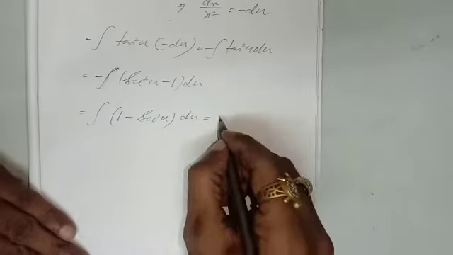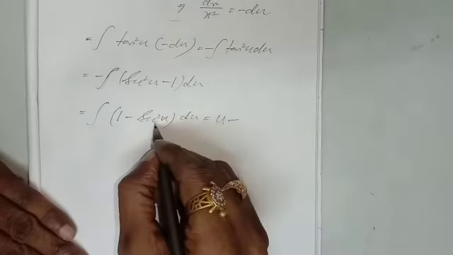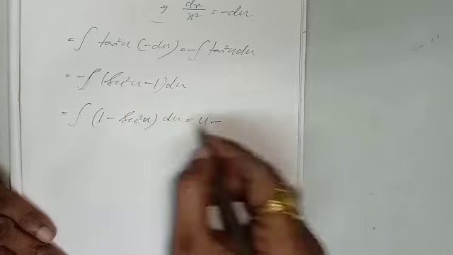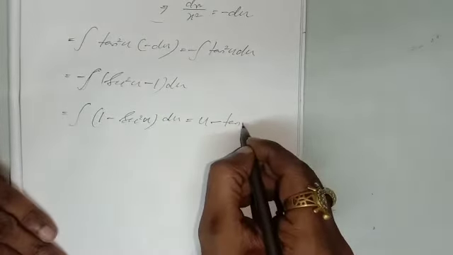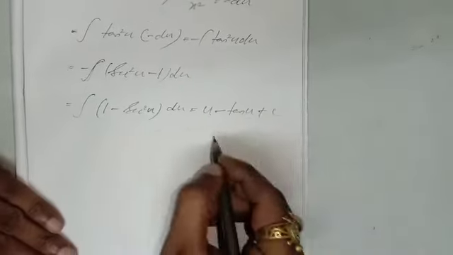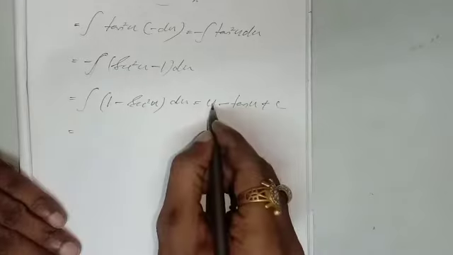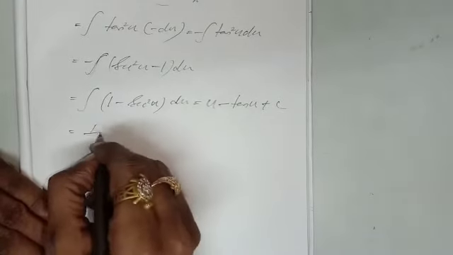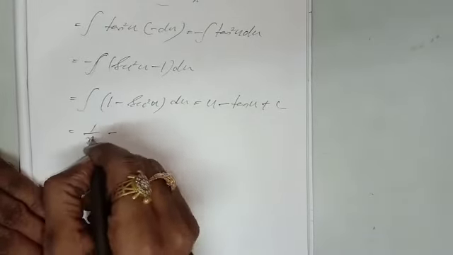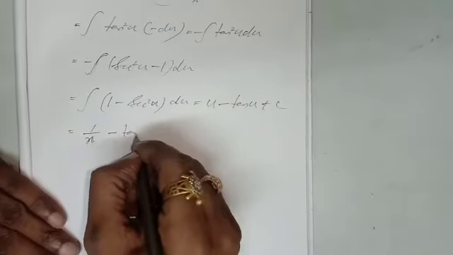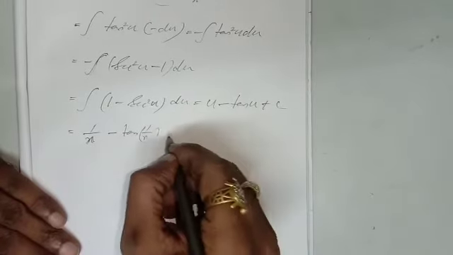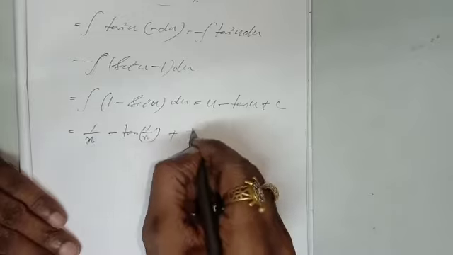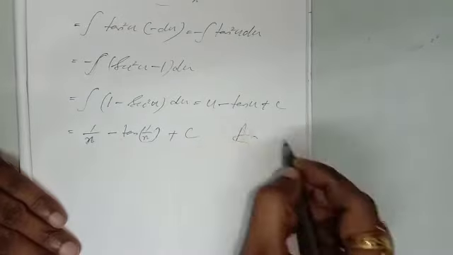That is u, minus integration of sec square u, that is tan u, plus c, the integration constant. Now put the value of u as 1 by x: 1 by x minus tan of 1 by x plus c is the answer.